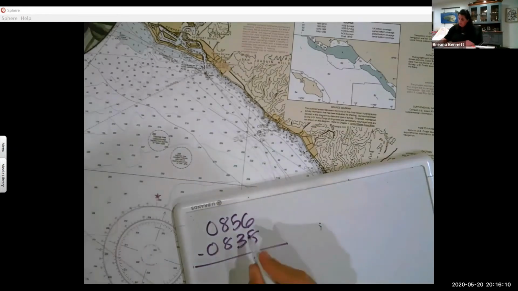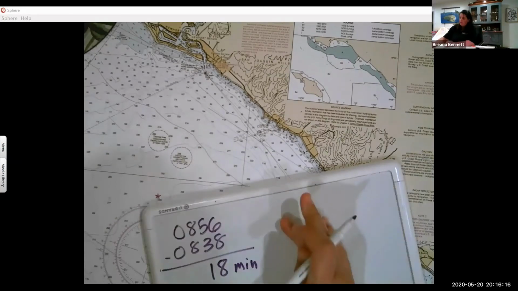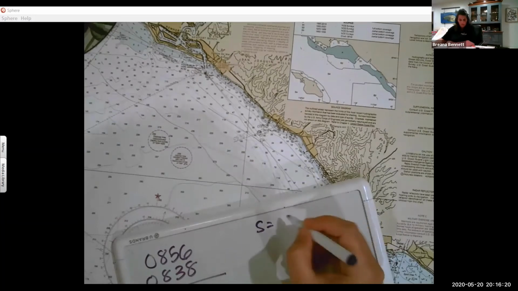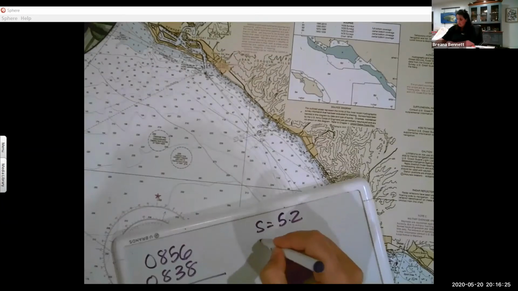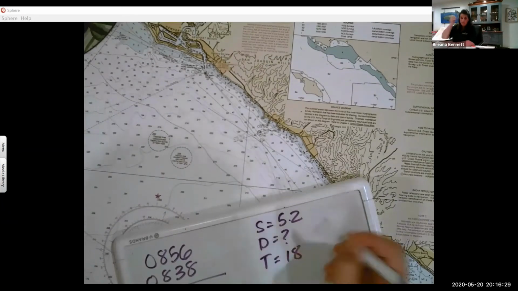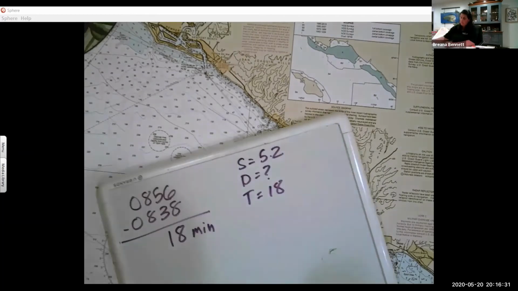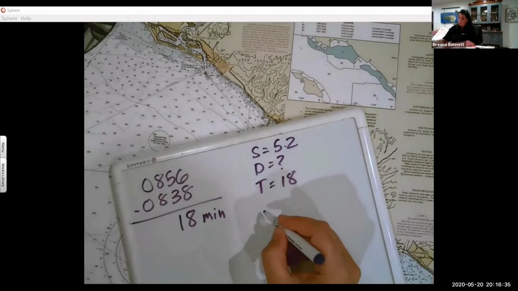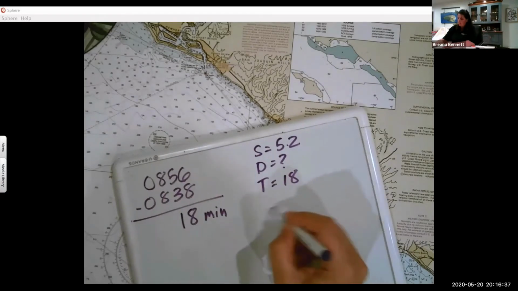We have 18 minutes. We are going at a speed of 5.2. We're looking for distance, and our time is 18. So what is our distance?